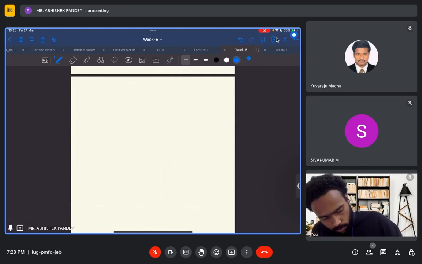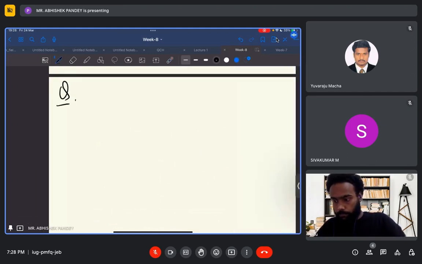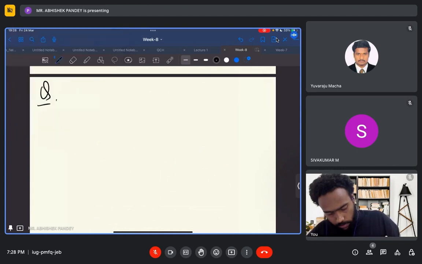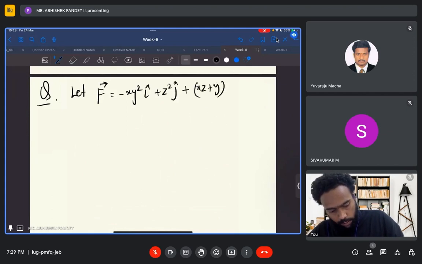Now the next question is: let f equal minus xy square i cap plus z square j cap plus (xz plus y) k cap.